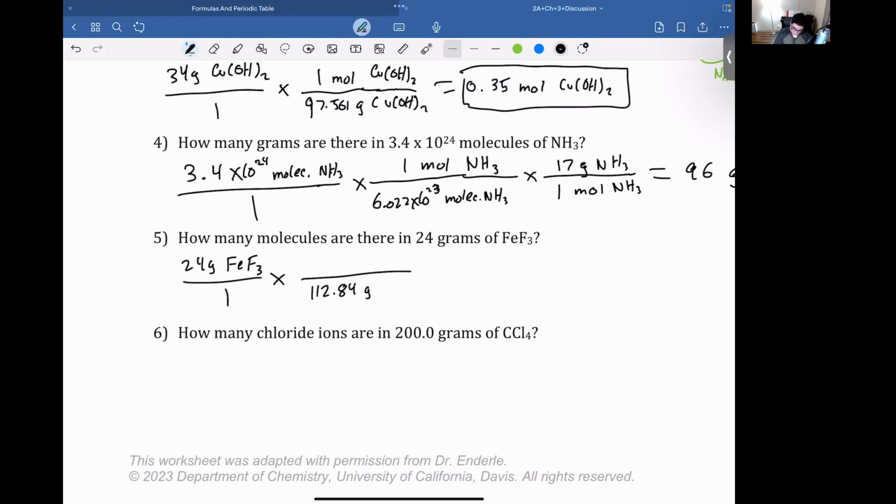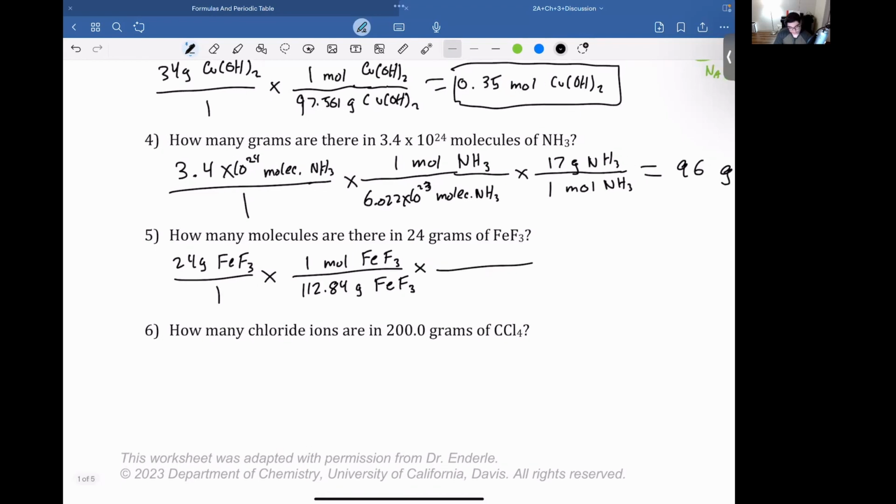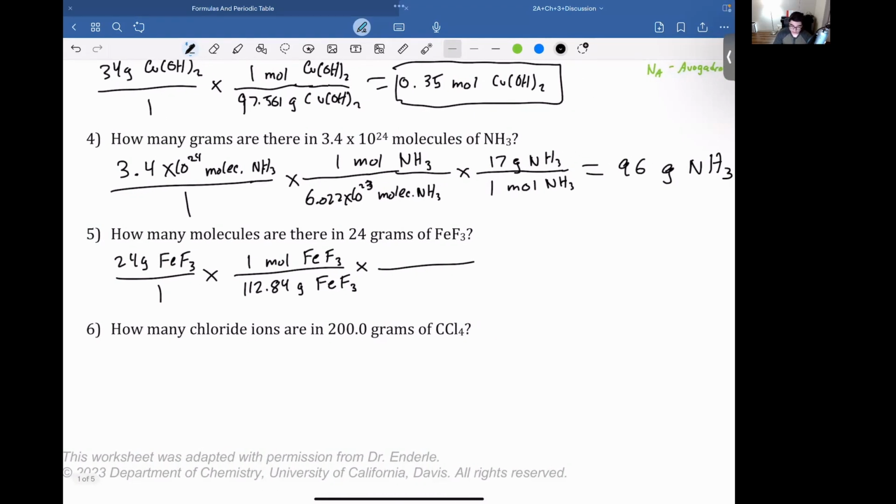112.84 grams of iron fluoride for every 1 mole of iron fluoride. The grams cancel out. Now we have to go from moles to number of something. So we're going to use Avogadro's number.